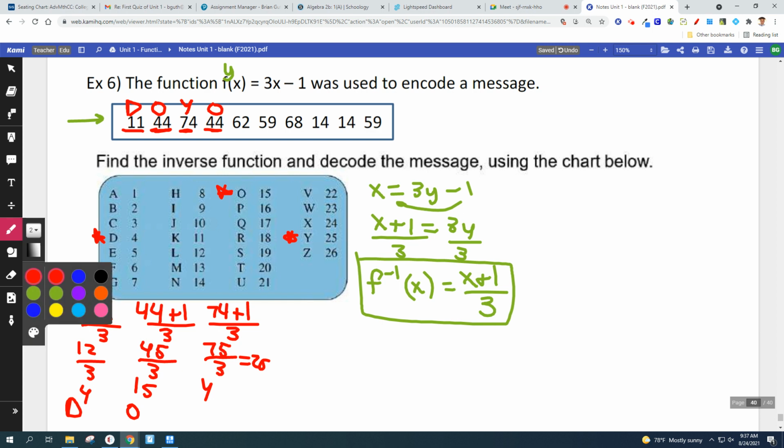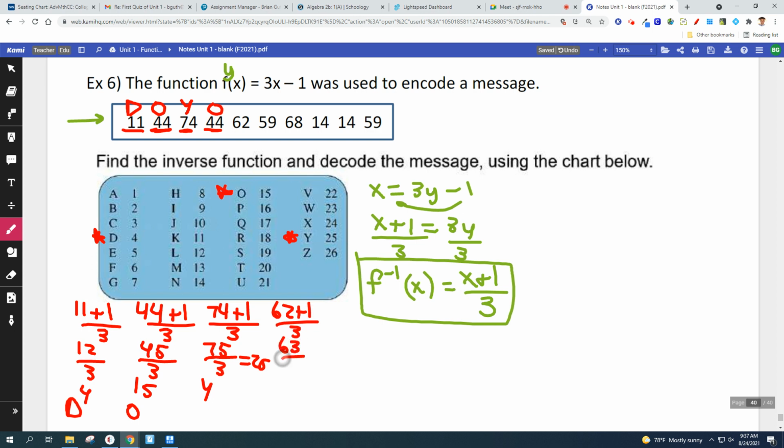62. Once you get on a roll, you can kind of do some of this in your head. 62 plus 1 over 3, that's 63 over 3, which is 21. 21 is the letter U. 59. 59 plus 1 over 3, that's 60 over 3 is 20.